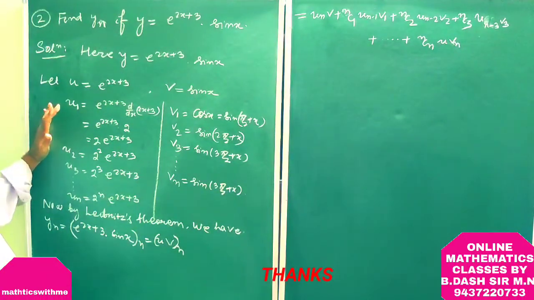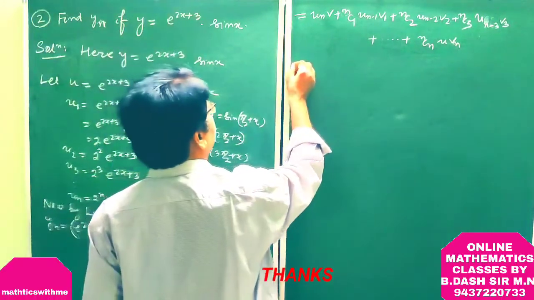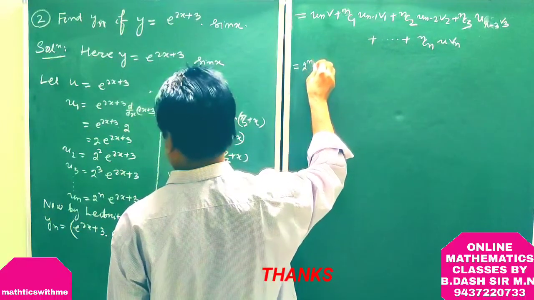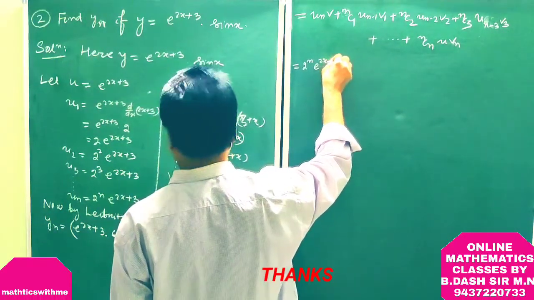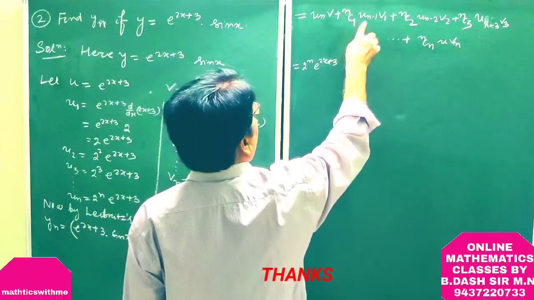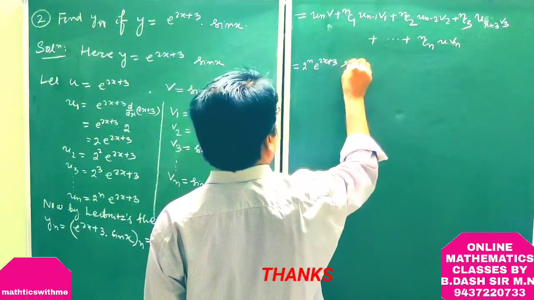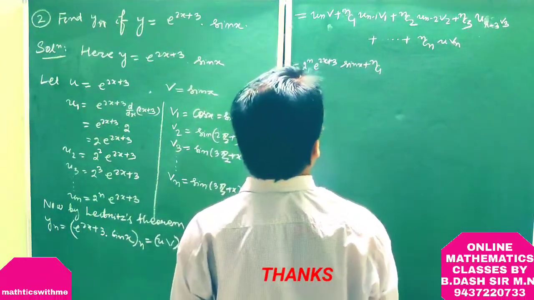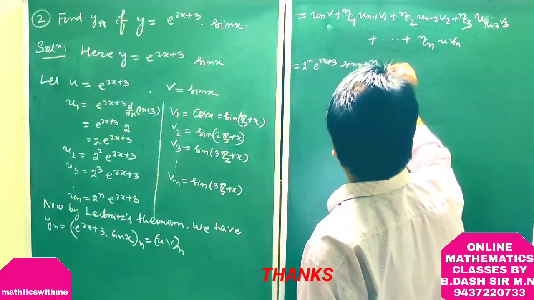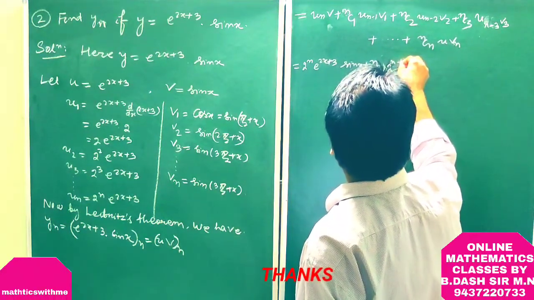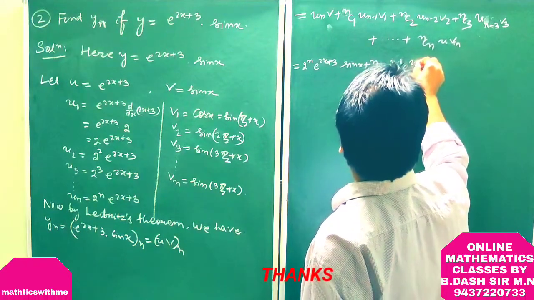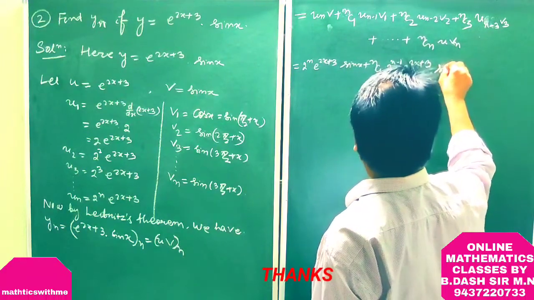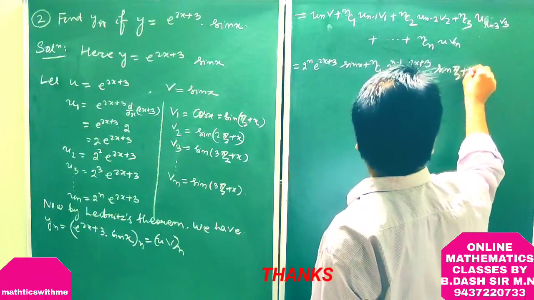Let us substitute the values now. So this is equal to, here u n is 2 to the power n e to the power 2x plus 3, v is sin x, plus n c 1, u n minus 1 means 2 to the power n minus 1 e to the power 2x plus 3, v1 is sin of pi by 2 plus x.